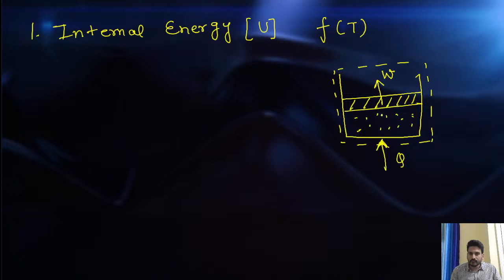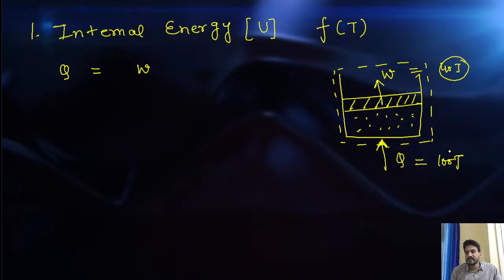So Q amount of energy you are giving to the system, and W is also work, also energy. Let's suppose you are giving 100 joule energy to the system, and you are getting 40 joule of work.